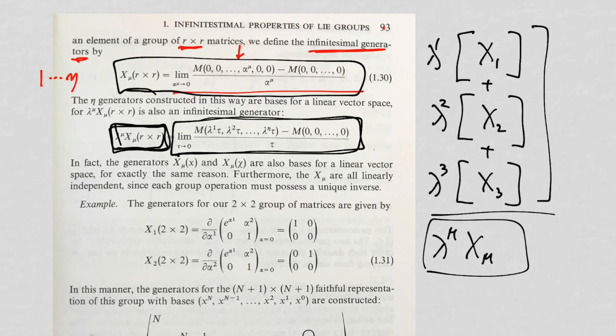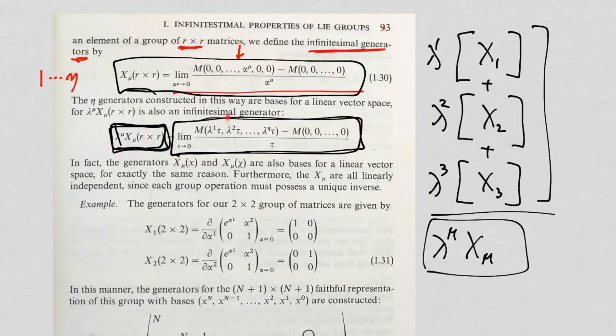But the point to take away from this is that if I take a generator, multiply it by a number, and do the same for each generator and add them up, the thing I get is going to be another matrix. And in fact, that matrix can be understood as a generator in the sense that now this is the definition of this generator.